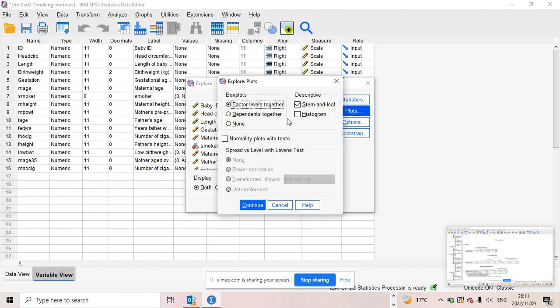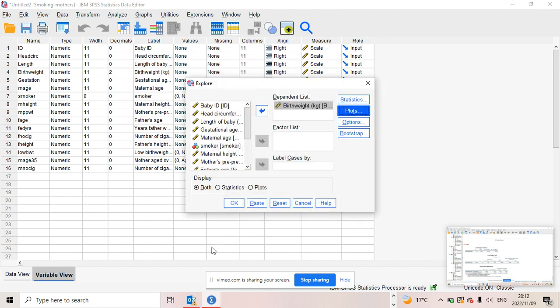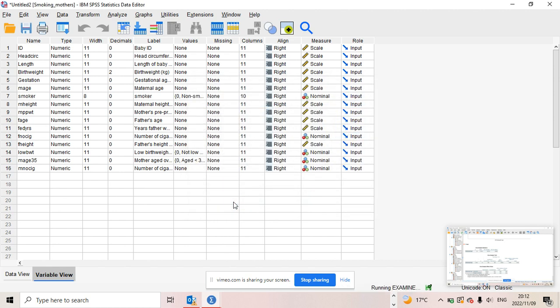In this case, we're interested in the histogram. We want to see how the distribution looks, to determine whether there is normality. Then we click on the normality plot with test. There you say continue.